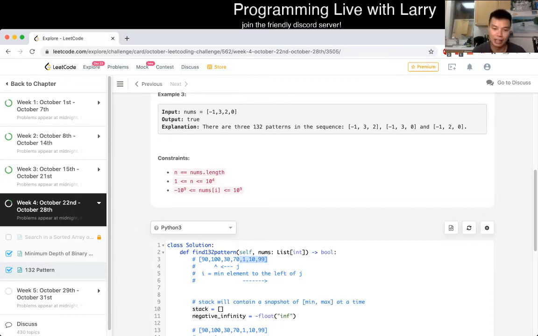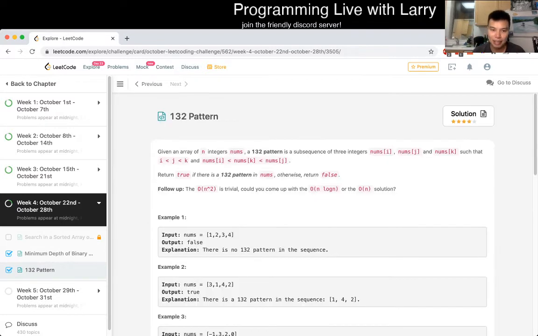And that would be n log n because it just takes one search, like find the smallest number that's bigger than I, and if that exists and it's less than J, then you have the answer. Because you maintain that in n log n time, it's going to be n log n. And n squared is trivial, so that's the n log n solution.